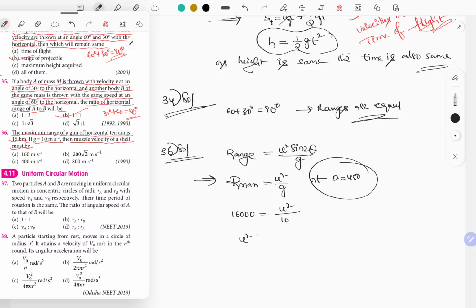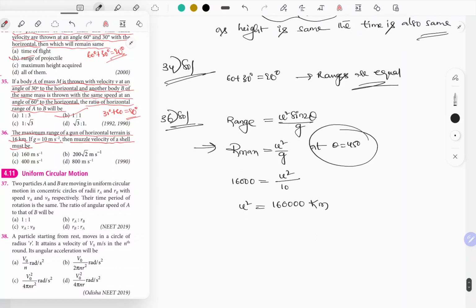Then u square is equal to 16 kilometer. The options they have given are in terms of meter per second, right? So let us see how to convert them. Sorry, a small substitution mistake here.